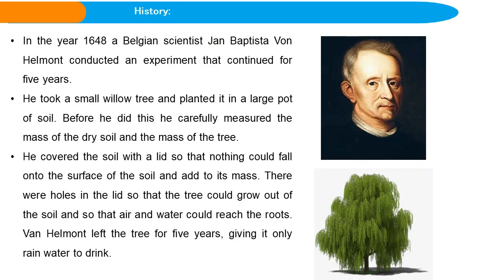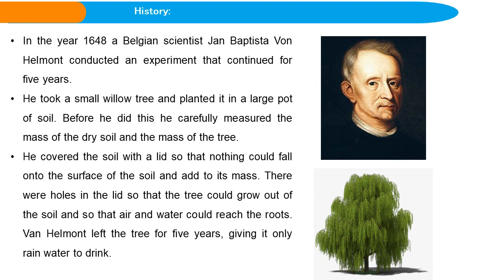About 2000 years ago, the Greek philosopher Aristotle said that plants made everything from what they took from the soil. That means plants produce so many varieties of fruits, flowers, fiber, wood, and this is because of the materials they take from the soil.